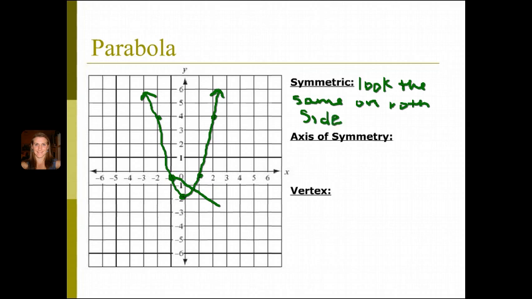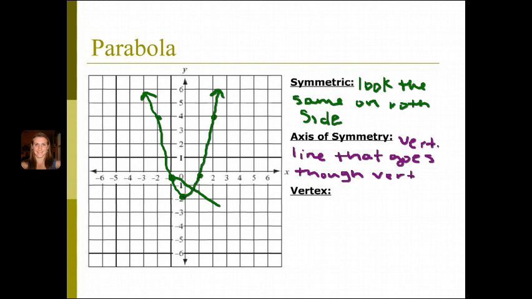And when we're talking about your axis of symmetry, we're talking about the vertical line that passes through the center of the parabola. And it's going to go through your vertex, and we're going to define that next.